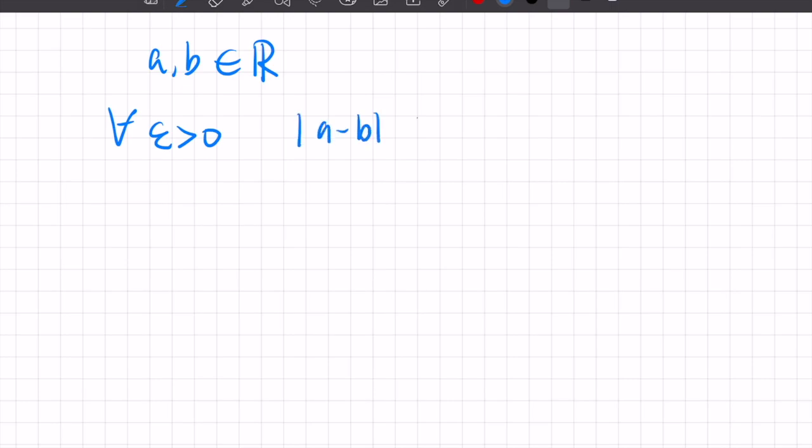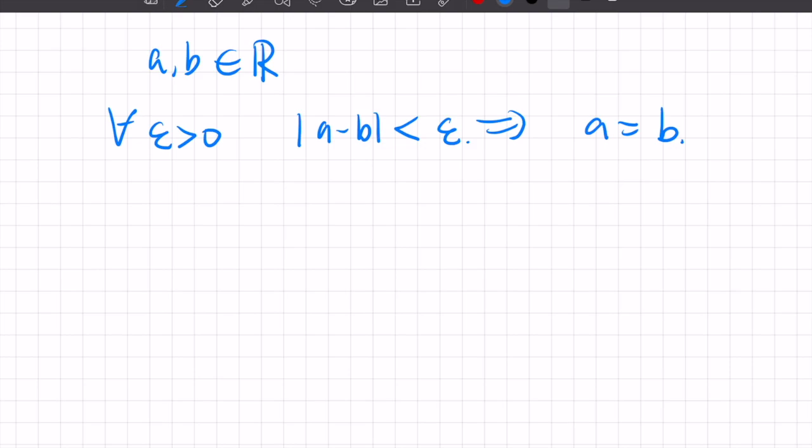And here's another example. Let a and b be some given real numbers. If for all positive real numbers epsilon, we have |a minus b| less than epsilon, then a is equal to b.